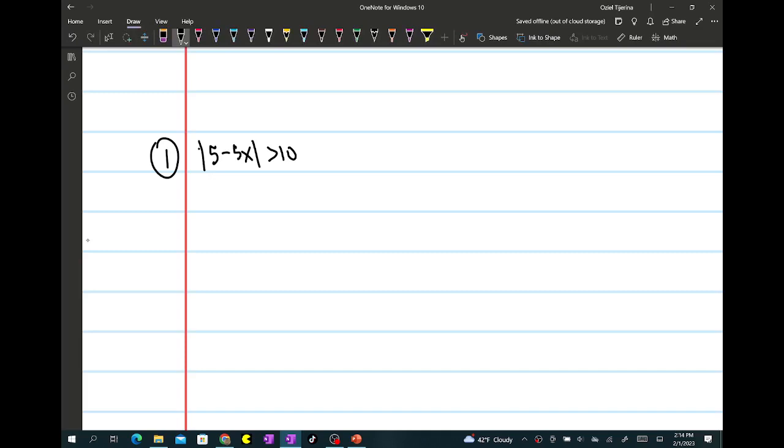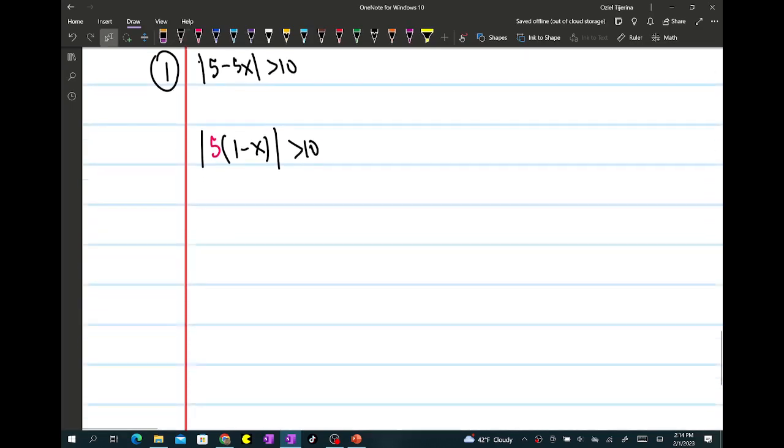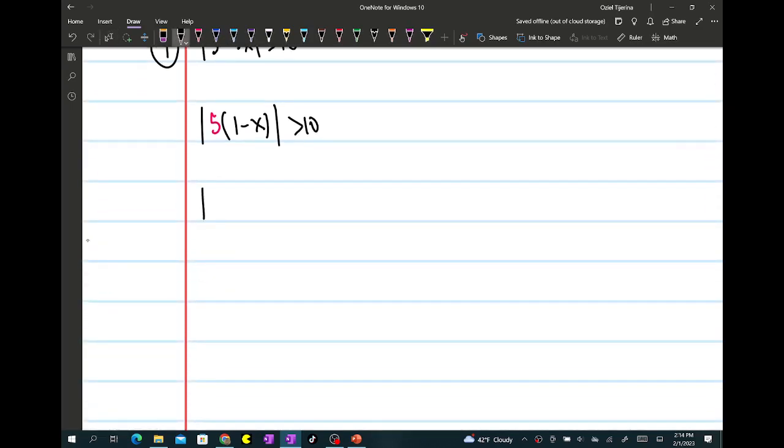So I can rewrite this as the absolute value of the quantity 5 times the quantity 1 minus x is greater than 10. Now, there's a rule that says the absolute value of a times b is really the absolute value of a times the absolute value of b.